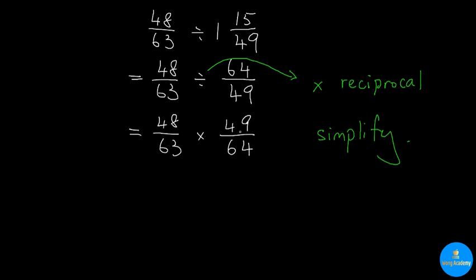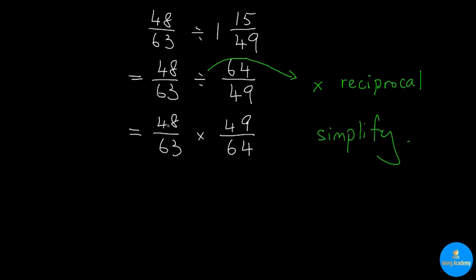When we multiply fractions, we can simplify any number in the numerator with any number in the denominator. The only thing you can't do is to simplify numbers in the same level. That means you can't simplify a numerator with a numerator, nor a denominator with a denominator.